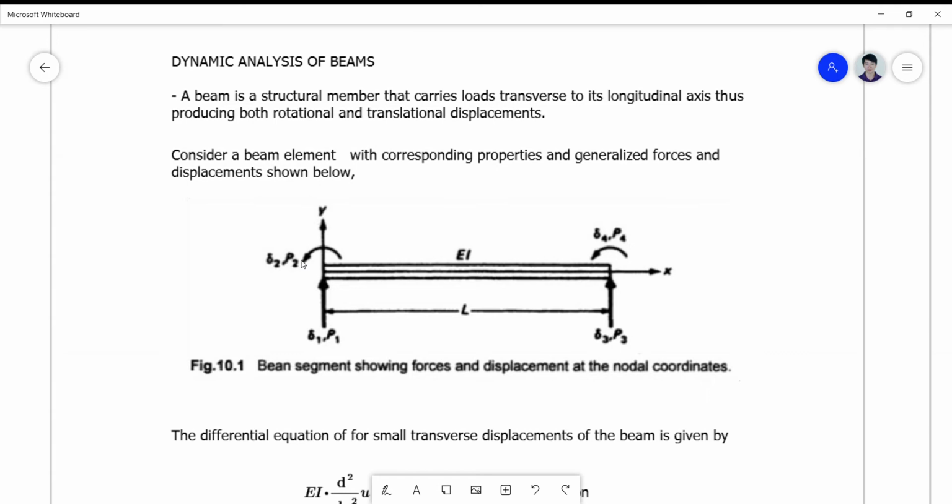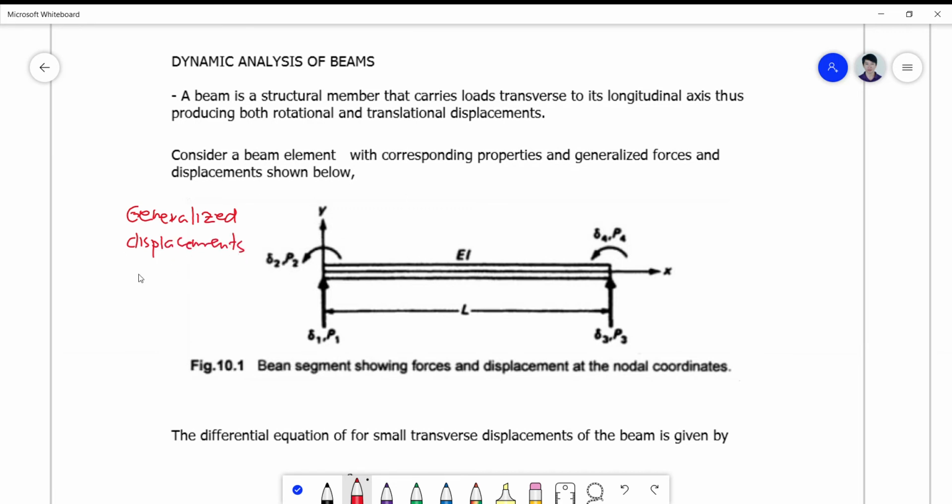So if we look at the numbering of the degrees of freedom, you can see here that the DOF numbering is represented by what you call the generalized displacements and forces.